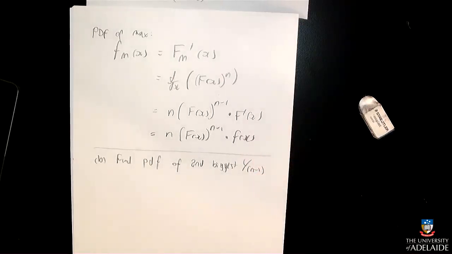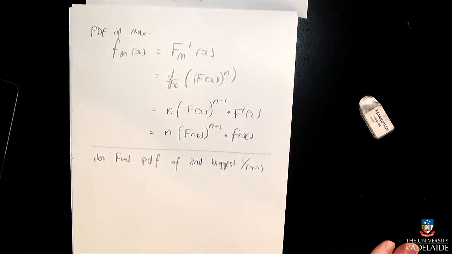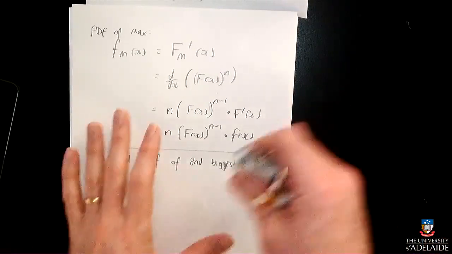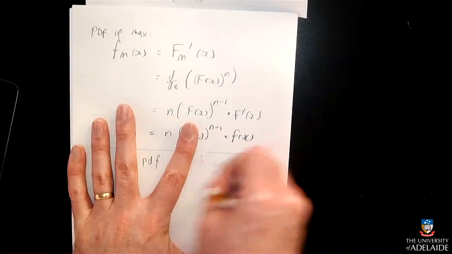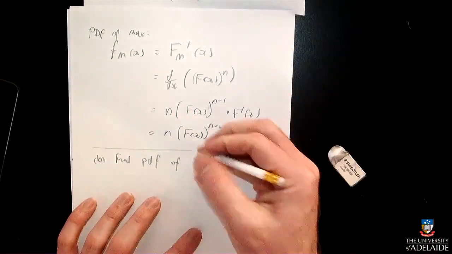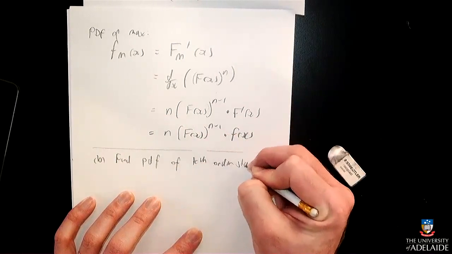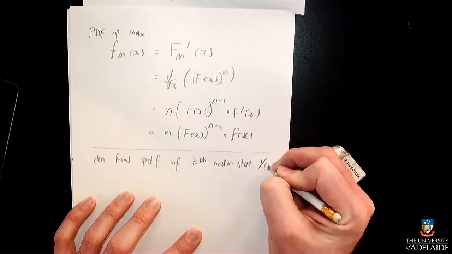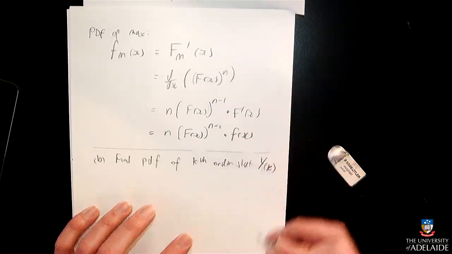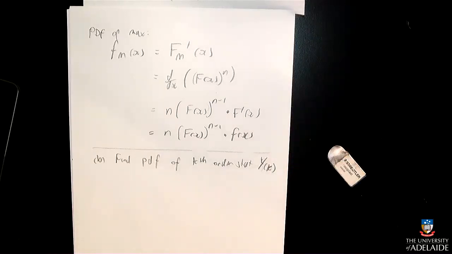Yn minus 1. No, actually, do you know what? I'm going to just say kth order statistic Yk, and just go, let's do it all out and see what happens.